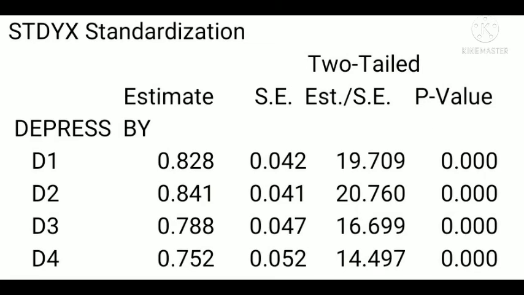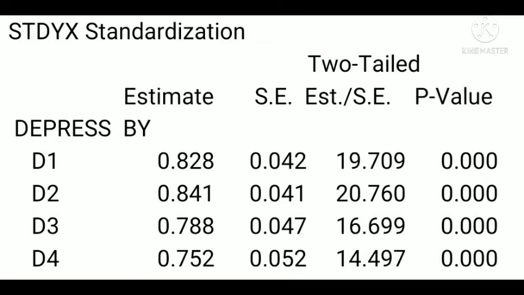Now we come to the standardized model results. It shows the values related to depress by D1 to D4. The estimate values are factor loadings or regression coefficients.